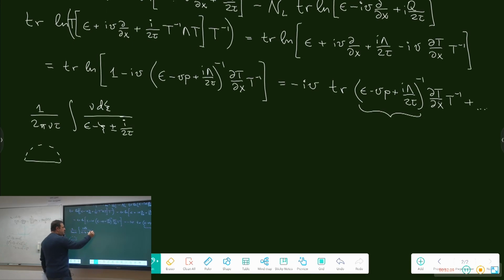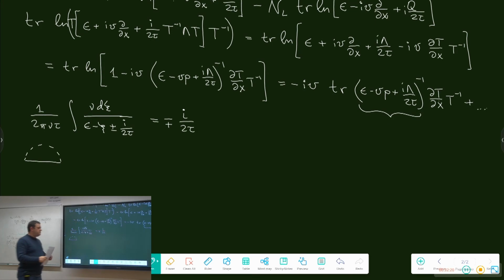This thing equals the self-energy, which itself is minus or plus, for retarded and advanced, i over 2 tau. This is the self-consistency equation, and I already substituted here the correct solution. 1 over 2 tau is the solution.